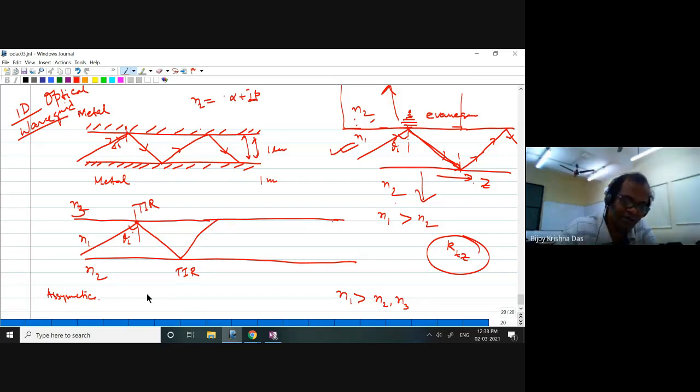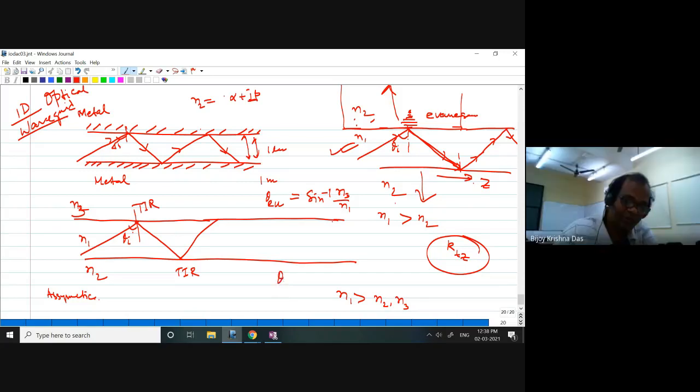Now my question is, suppose you know the critical angle. In this interface, the upper critical angle, let me write theta CU, what would be the value? Sine inverse of N3 by N1, correct?